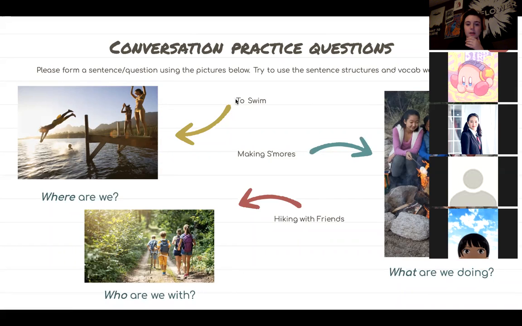A lot of these are root verbs, like to swim. You can conjugate that, making s'mores, so to make s'mores, to hike with friends, etc. It's just some inspiration.